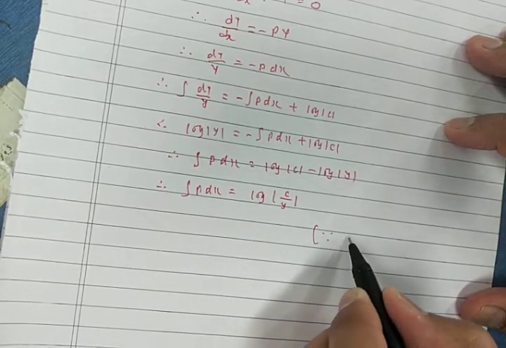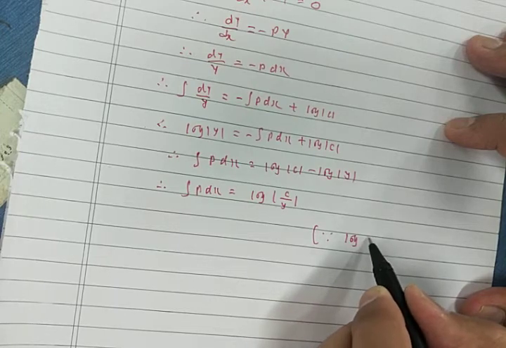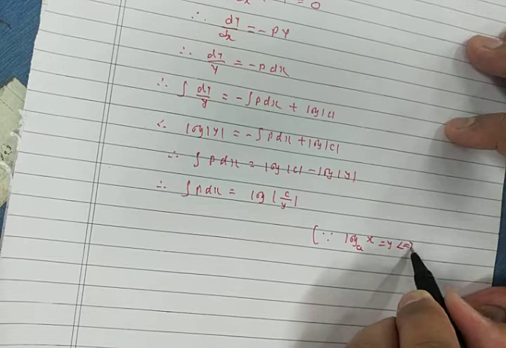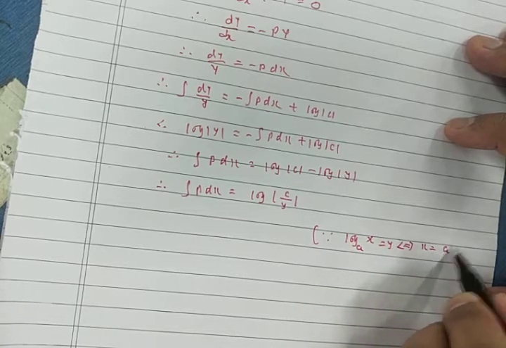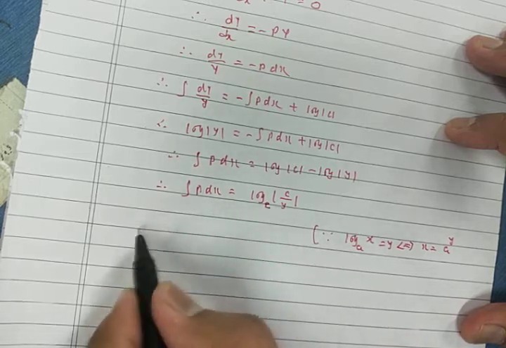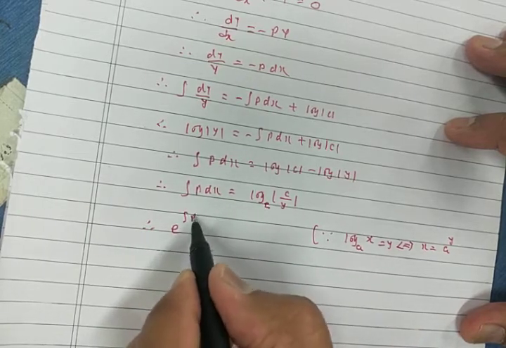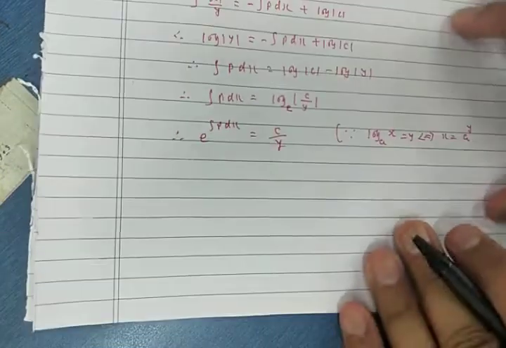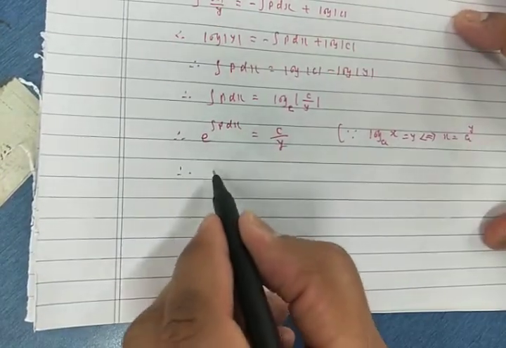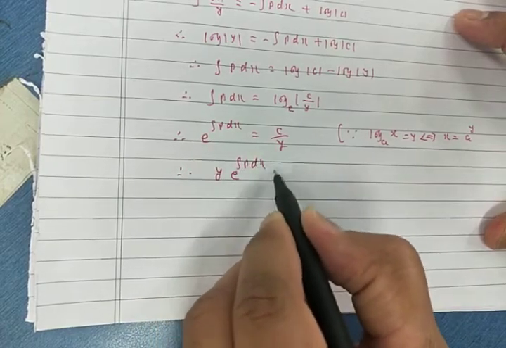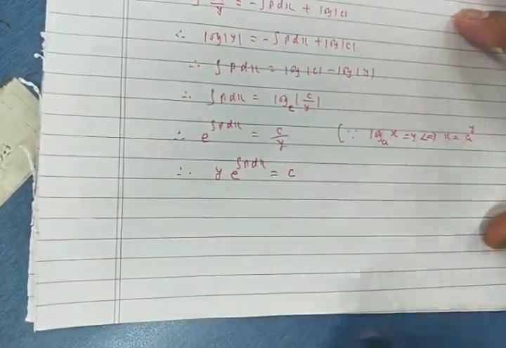Let us put the reason here: log x base a is equal to y if and only if x is equal to a raised to y. Here the base is e, so e raised to integral p dx is equal to c by y, and therefore y into e raised to integral p dx is equal to c.